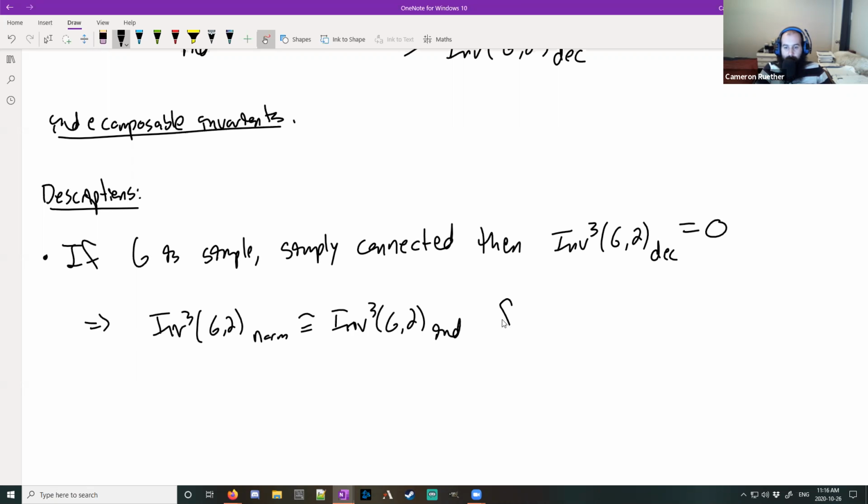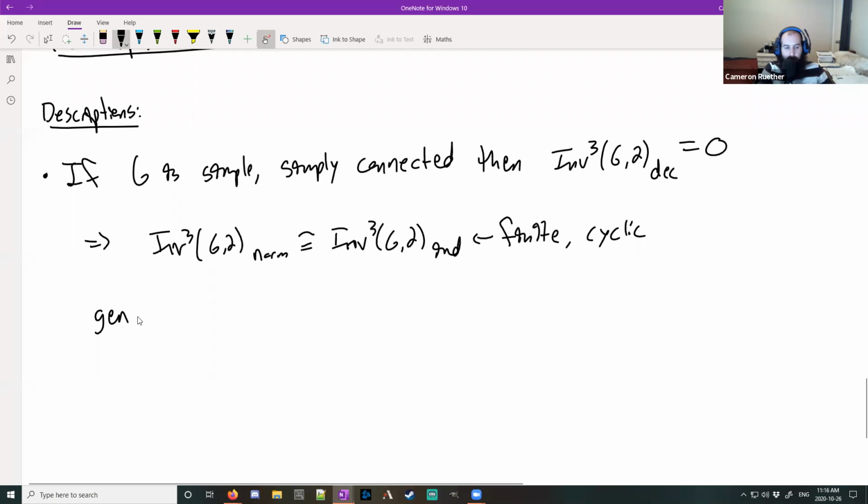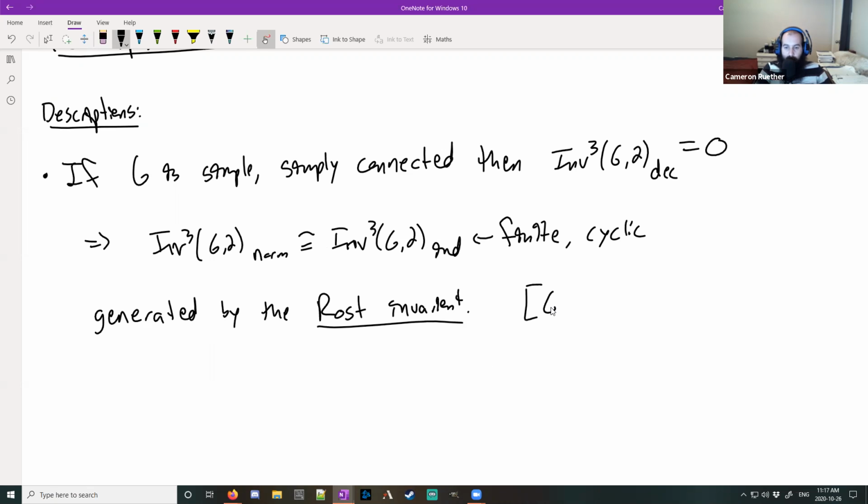And this is finite and cyclic, generated by, as I mentioned previously, Rost has an invariant named after himself. So these are finite and cyclic, generated by the Rost invariant. I saw these results in Garibaldi, Merkurjev, and Serre's book on Galois cohomology and cohomological invariants, and also in there, they compute the order of these groups for various different groups. So there's a robust description in the simply connected case existing there.